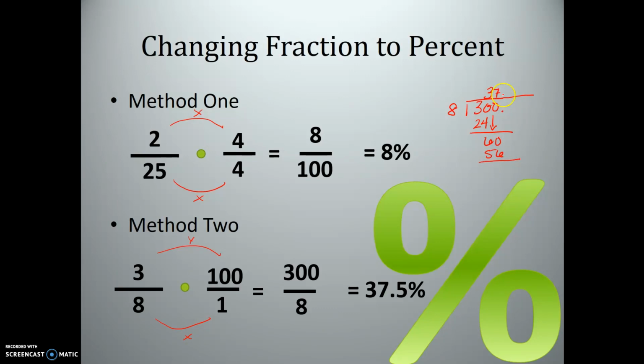Ooh, we're going to need another 0, aren't we? And 60 minus 56 is 4. Now we're going to bring down another 0. Notice that I added a decimal right there. I can't just add zeros and make 300 and 3,000 because that wouldn't be cool. But let's bring down that other 0, and now I have 40 divided by 8, which is 5. So there's where my 37.5% comes from.